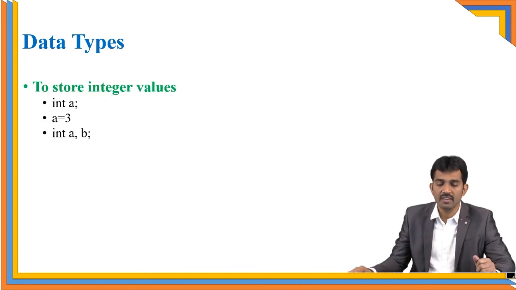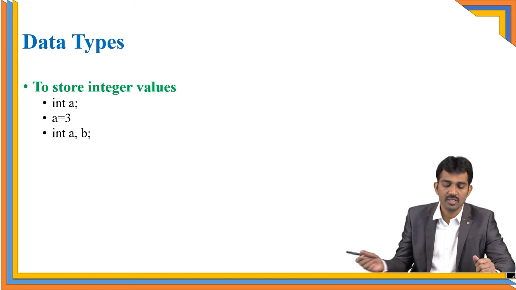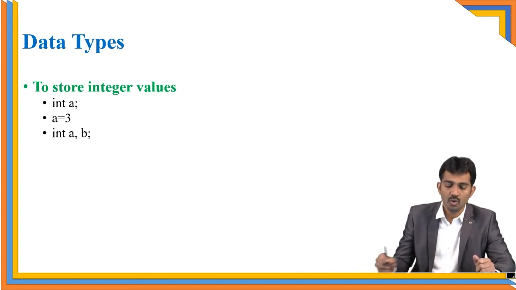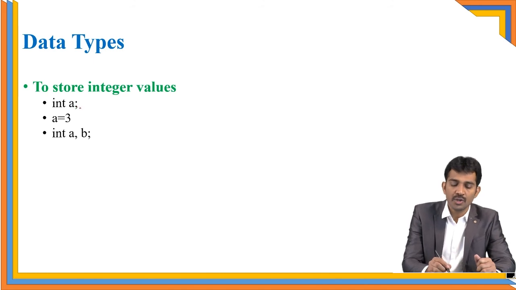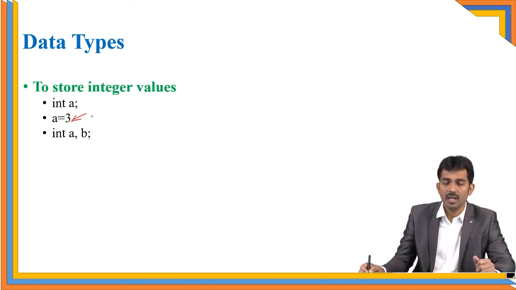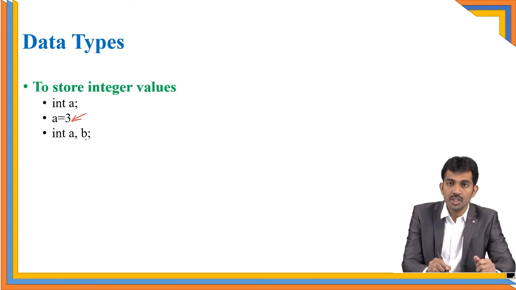To store integer values, this is the way: int a. So a is an integer, and it is going to store integer data. Here a comma b stores two integer variables.